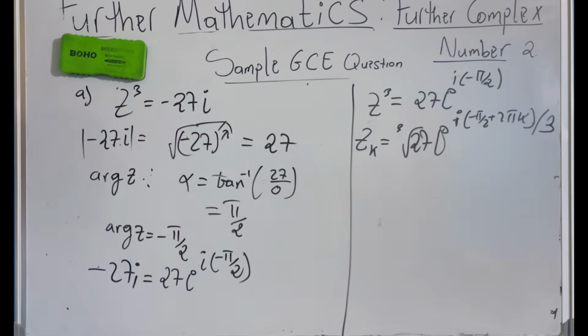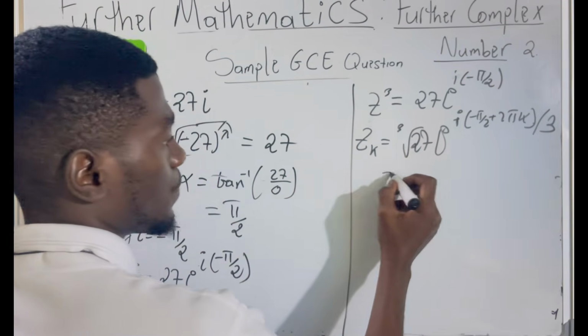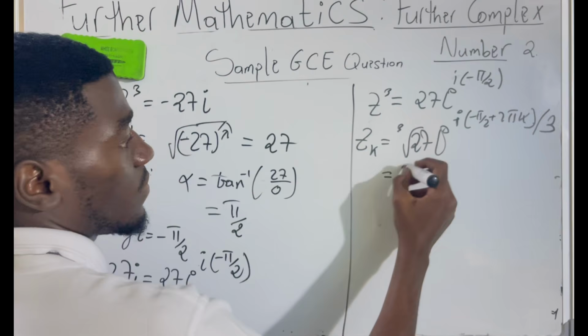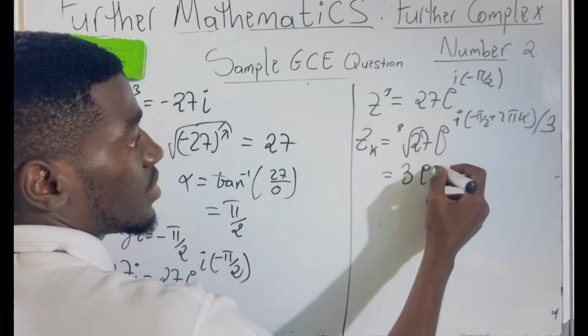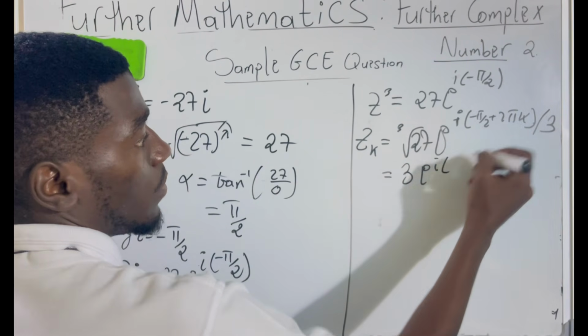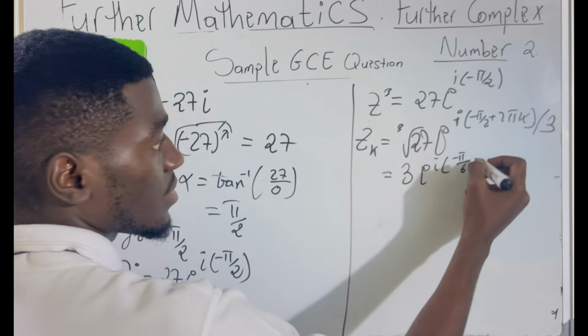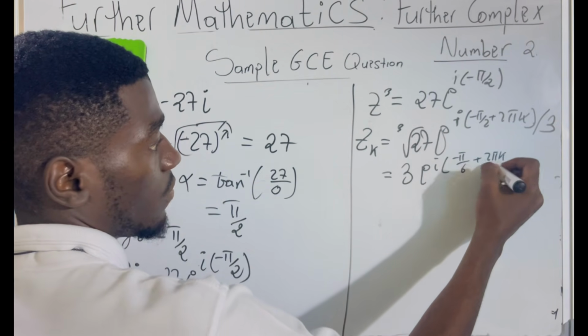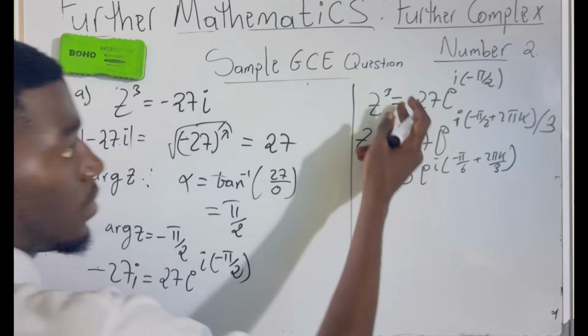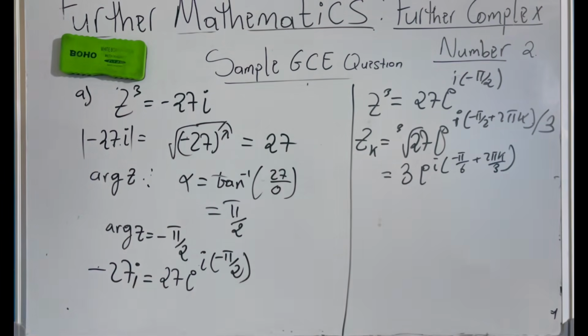I'm applying the theorem, as easy as that. The cube root of 27 is 3, exponential of i times negative pi over 6 plus 2 pi k over 3. Now z equals z to the power 3.